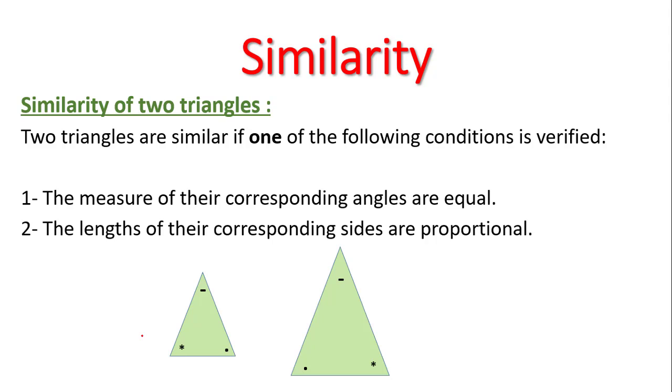What about triangles? If we have triangles, I'll study the similarity of two triangles. Two triangles are similar if only one of the two conditions is satisfied. The first condition, the measures of their corresponding angles are equal, or the lengths of their corresponding sides are proportional.